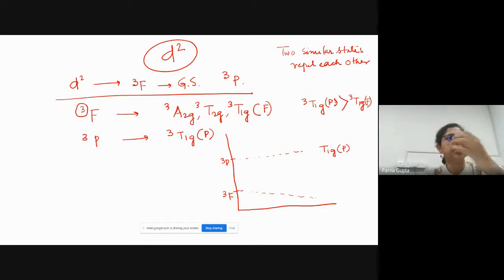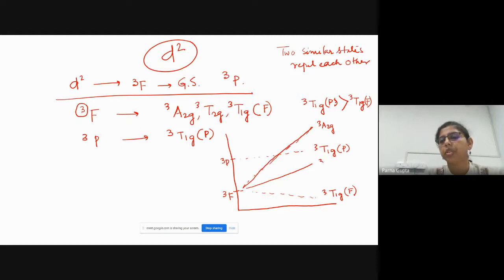And this is 3T1g(F). And this is, I'm coming to the explanation, 3A2g. It splits with 3T2g. Now, let us correlate with the original thing.